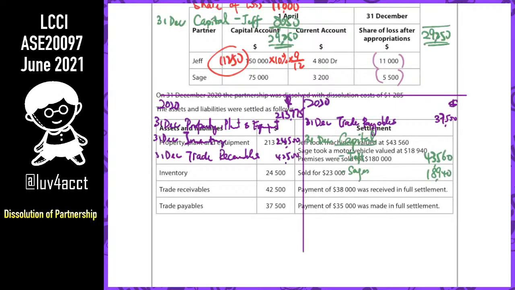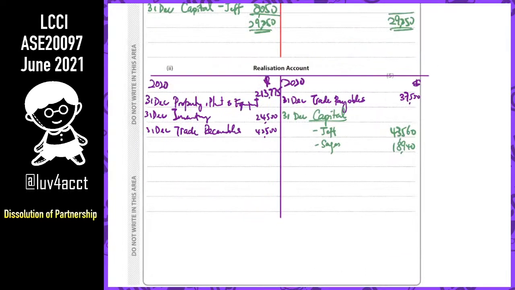On 31st December, we receive money for these three: premises, inventory, and also trade receivables.